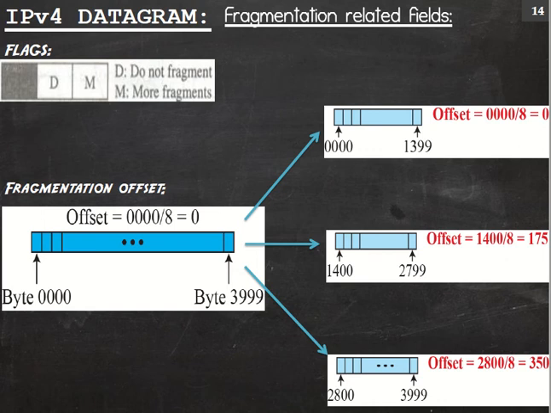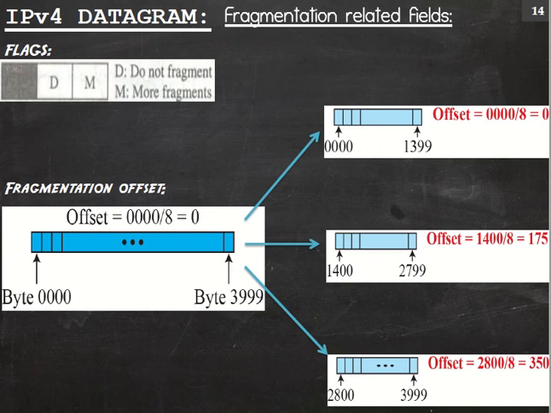If D is equal to 1, the machine or any router should not divide this datagram into further packets. So the datagram, with the same size, has to pass through the available physical network.